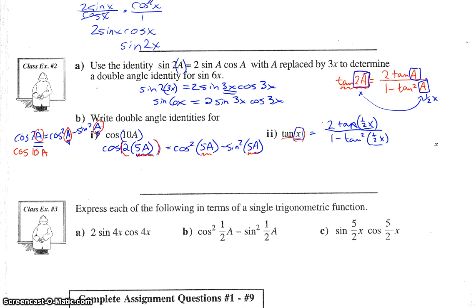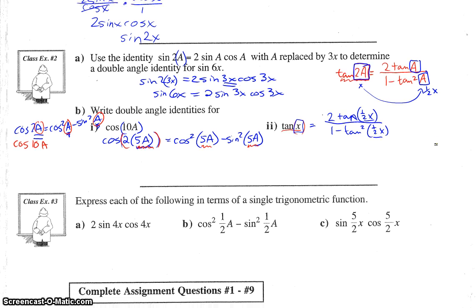All right, I know these are a little weird, but let's try example 3. Express each of the following in terms of a single trig function. First of all, when you look at this, you have to recognize what it's most similar to. This is most similar to the fact that sine 2a equals 2 sine a cos a.